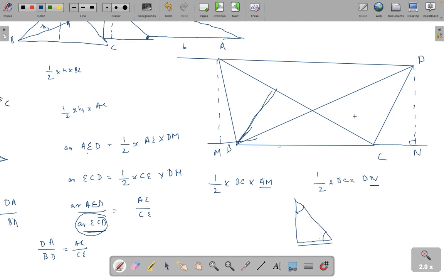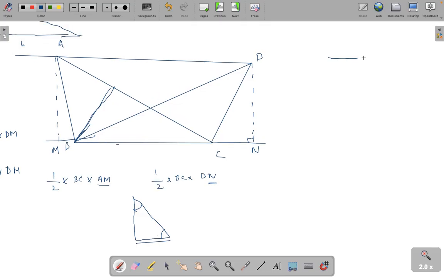So what is a triangle? How do you derive the area of a triangle? You divide a parallelogram into two parts. If you consider a rectangle, the area will be length into breadth, where length is the perpendicular height.